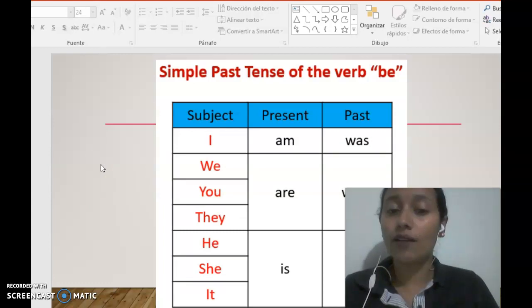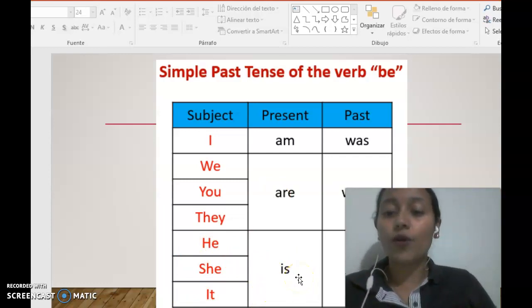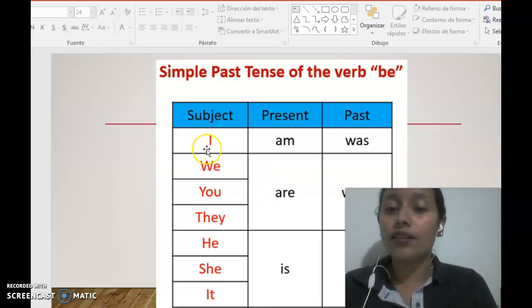So we have here the subjects, the verb to be in present and the verb to be in past. So we are going to remember that the conjugation for the verb to be in present is I am, we, you, they, are, he, she, it, is. Third person, we conjugate it with is. So, following the structure and following the table, we have here that the past of the verb to be for the subject I is was.